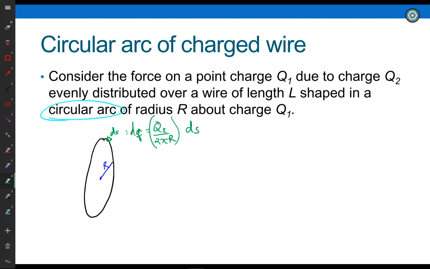Where is charge Q1? It's at the center. So I have Q1 at the center. And now I want to find the force on Q1 due to that charge.